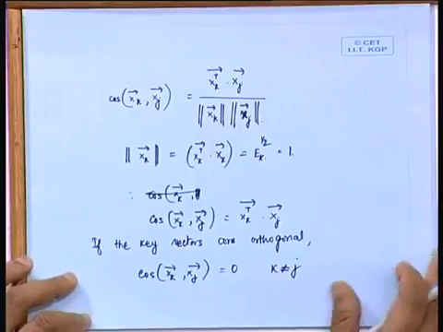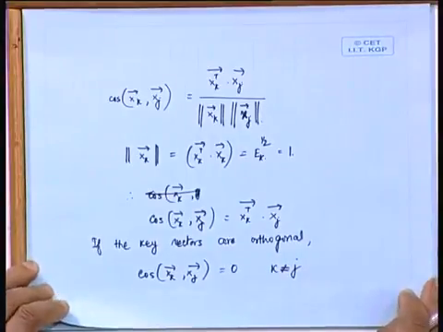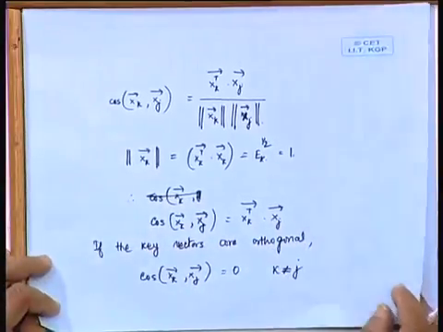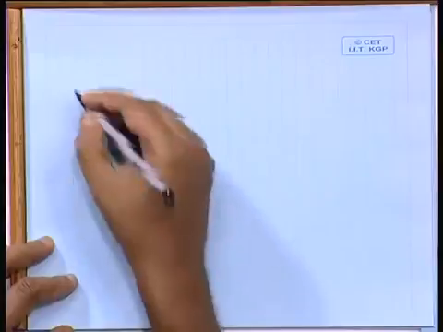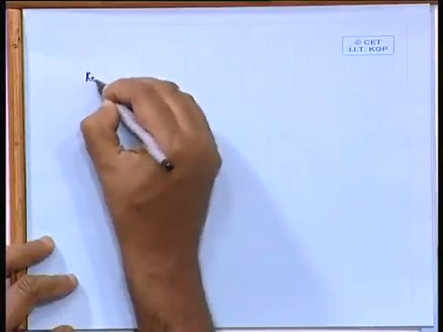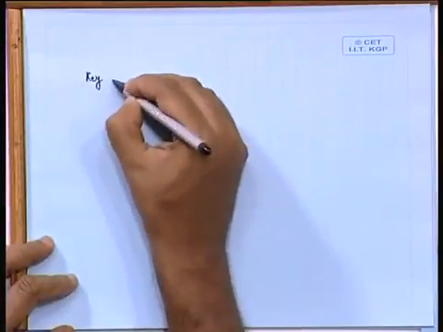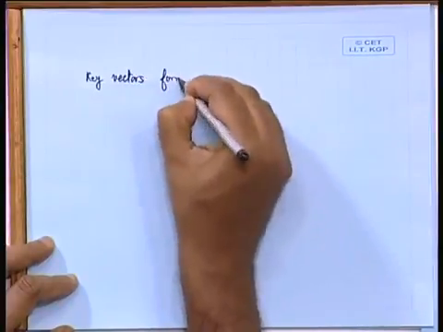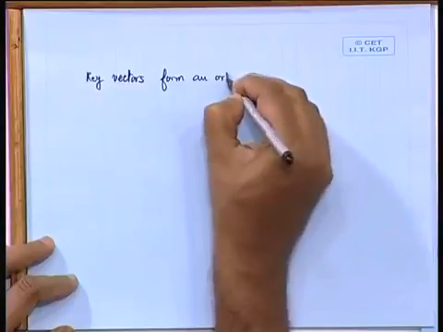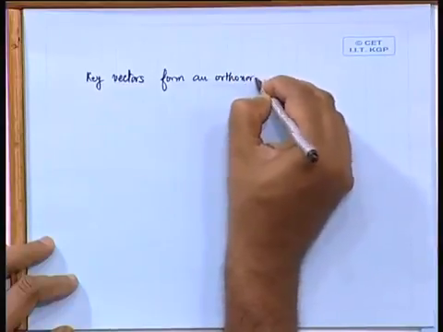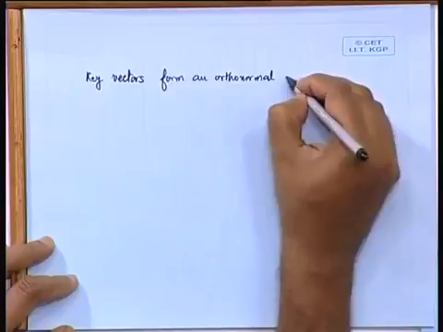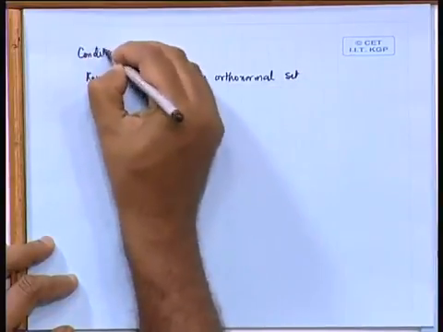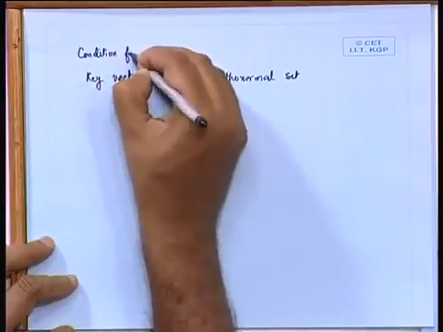That means the condition for the associative memory to work perfectly is that the key vectors form an orthonormal set. So that is what we can say as the condition for perfect recall.